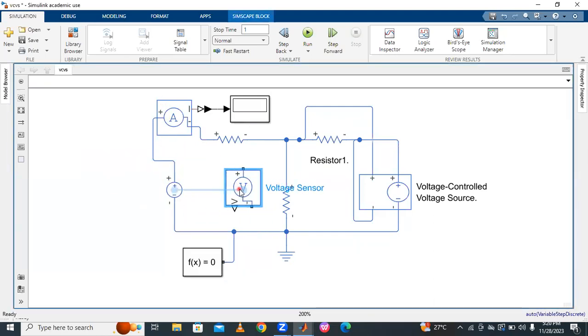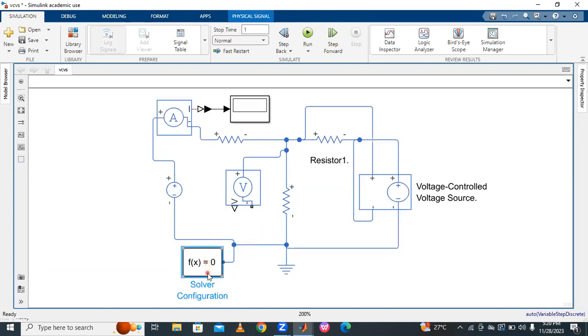Connect this voltage sensor exactly in parallel to this resistor, positive here and negative connected here. Extend it a little downward, then it is easy to connect. Negative connect it. So like this the voltmeter is connected.